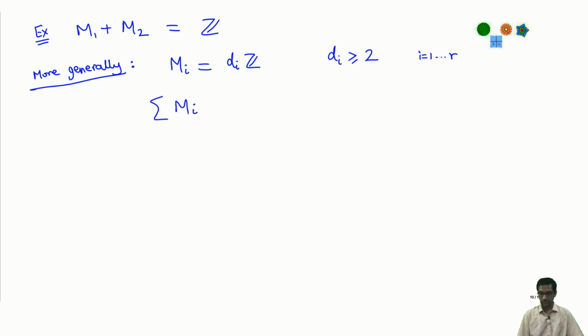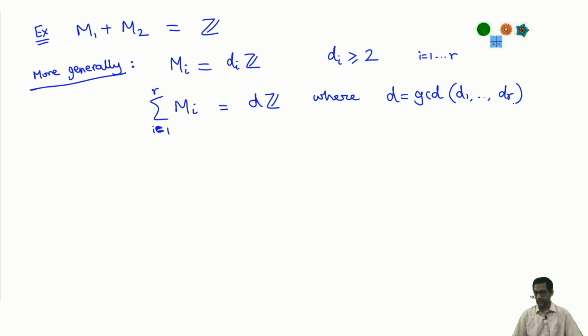Then their sum, which is a submodule of Z, with i equals 1 to r, show that this is nothing but dZ. It's again a submodule of the same kind, where d is nothing but the GCD of all these numbers. This is something you've probably seen before, but now put in the language of submodules rather than ideals. So that's the second general construction, which is sums.